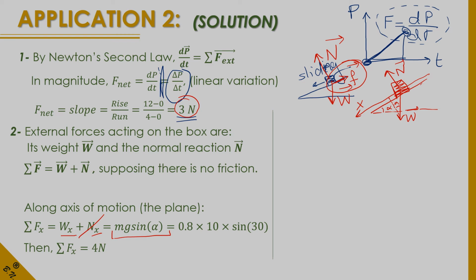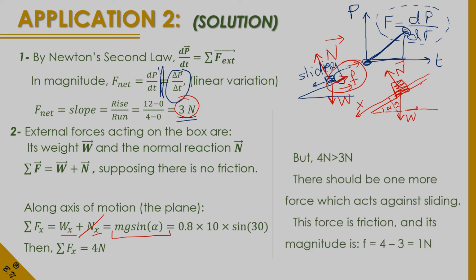The net force is 3 newtons, so there is something missing. 4 newtons is greater than 3 newtons. Therefore, there should be one more force which acts against sliding. This force is nothing but friction, and its magnitude is 4 minus 3. Now I can add here no motion on y, to consider.